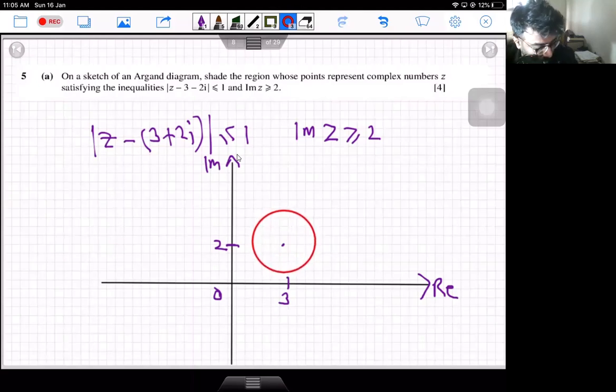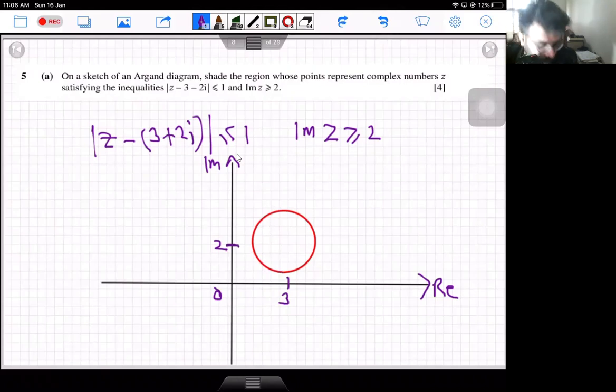Okay. So this is your circle, and obviously the corresponding imaginary coordinate would be 1. Here the corresponding imaginary coordinate would be 3. Here the corresponding real coordinate would be 2, and here the corresponding real coordinate would be 4. But you don't need to mention these things, just make sure that the circle which you are making is identifiable and it makes sense.